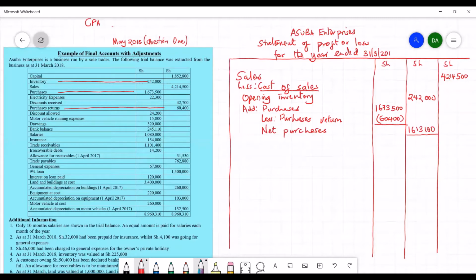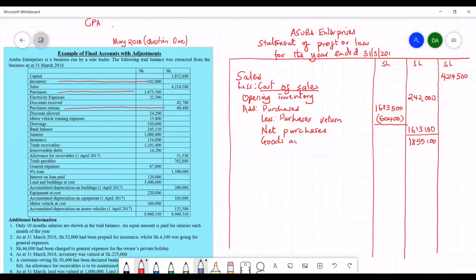If we add 1,613,100 to the opening inventory, which is equal to 242,000, we are supposed to get 1,855,100. From this, we need to deduct the closing inventory, less closing inventory. But before that, this item is known as goods available for sale.